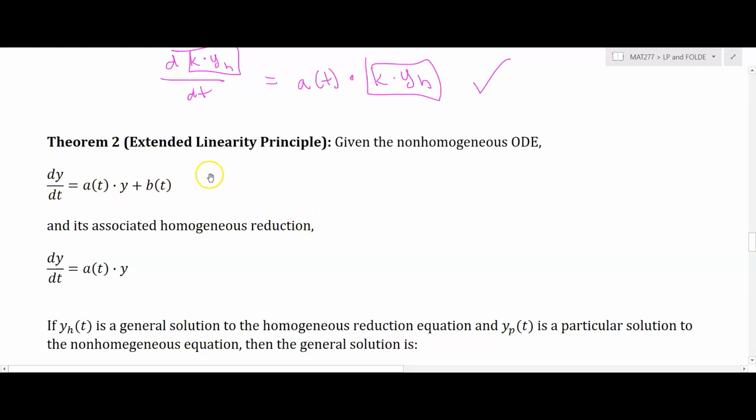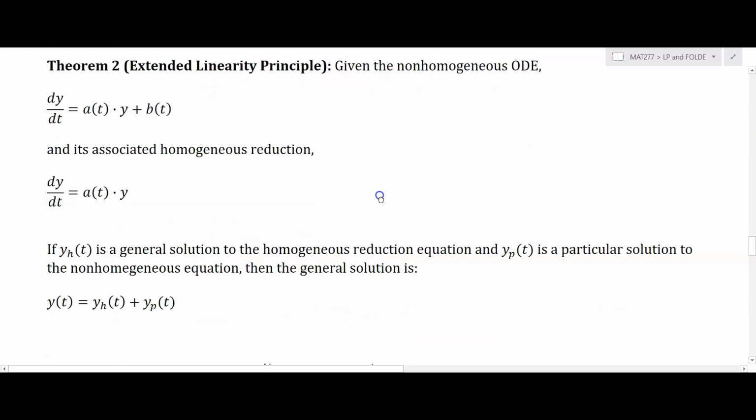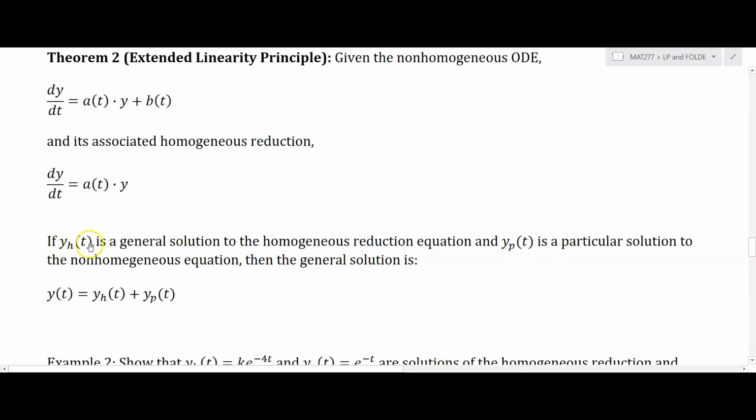So even though the equation that you have may not be homogeneous, if you omitted that b of t term and just left it as plus 0, if you literally reduced it down by deleting that, and you found a homogeneous solution, y sub h, as the general solution to the homogeneous reduction equation, and you found some particular solution to the non-homogeneous equation, then the general solution is we could take those two solutions and add them together, and that would form the general solution to the non-homogeneous case.